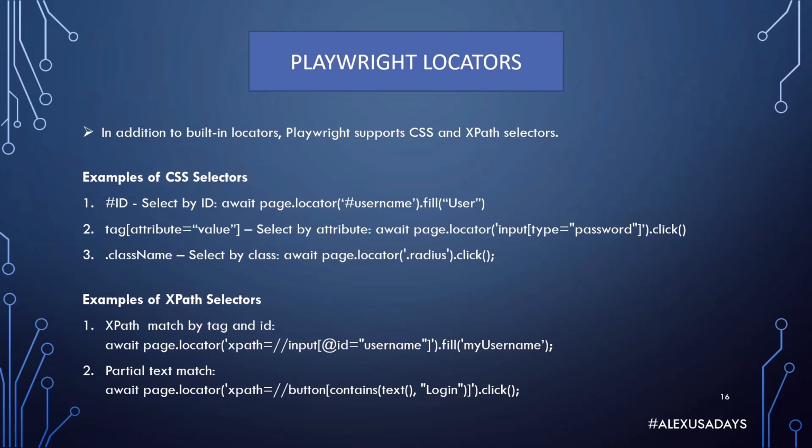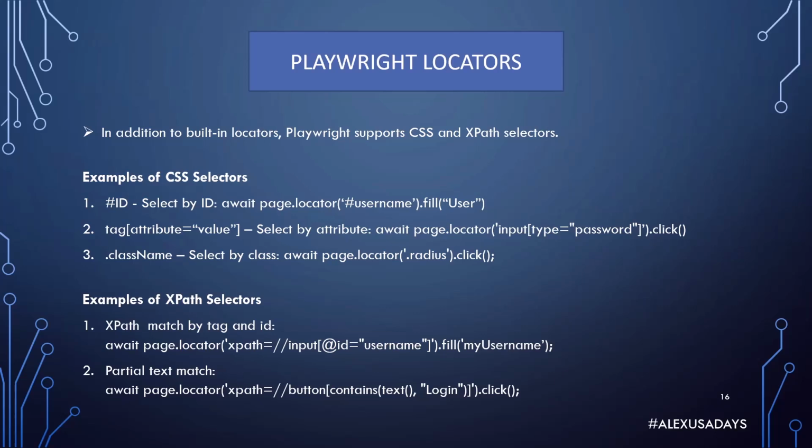So input at ID equals username. And then the action you want to perform, for example, fill the text field with the username. Or you can even match by partial text match by using contains. So the typical locators that you use in, let's say, Selenium, using CSS and XPath are also available in Playwright.